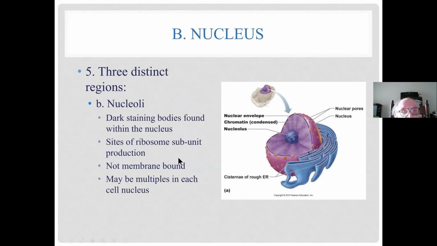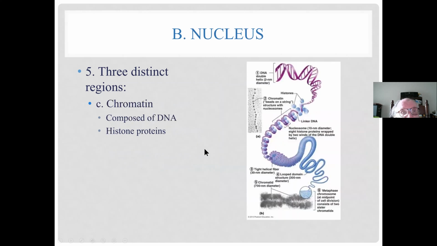Nucleoli, dark staining, ribosome subunits, not membrane bound, maybe multiple in a nucleus. And then the nucleus also has the chromosomes, and the chromosomes are essentially DNA that is wrapped up with these histone proteins and continuously wrapped until you form a chromosome, okay?